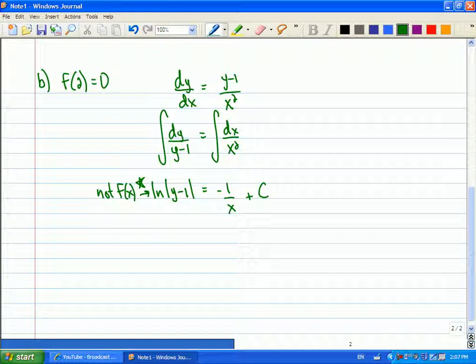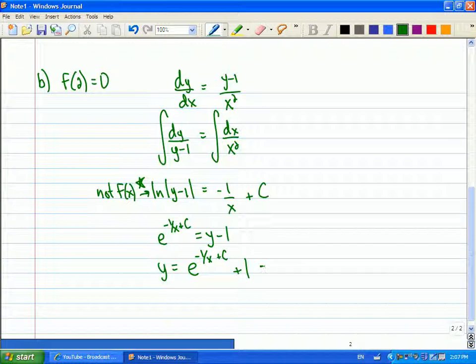The actual function I started with is this one, where I go e to the negative 1 over x plus c equals y minus 1. And I can rearrange it. This is the function that I would have started with. So this is the one that I'm going to solve for the constant in. That is a function of x.